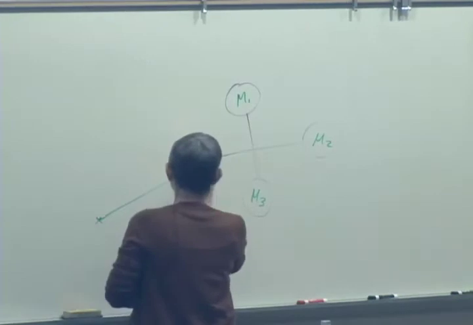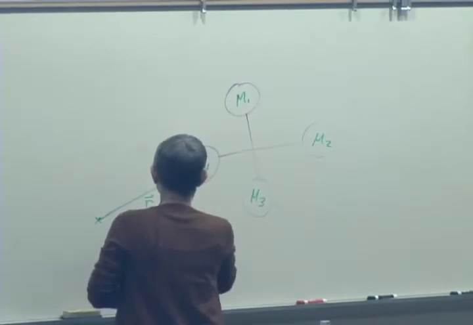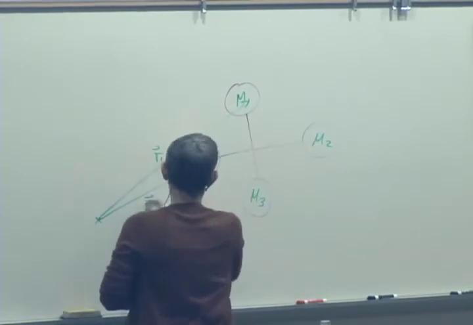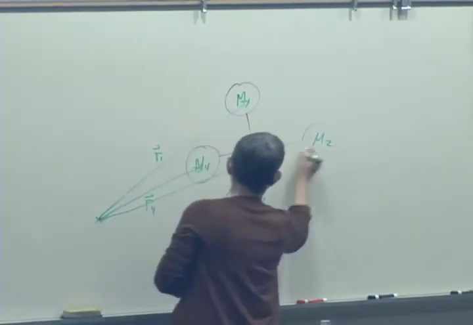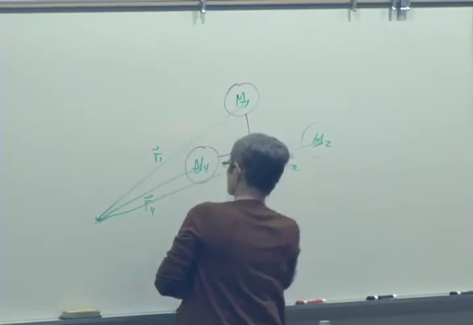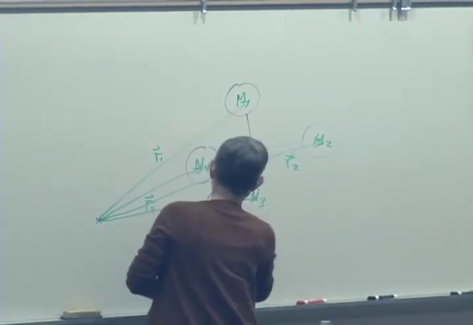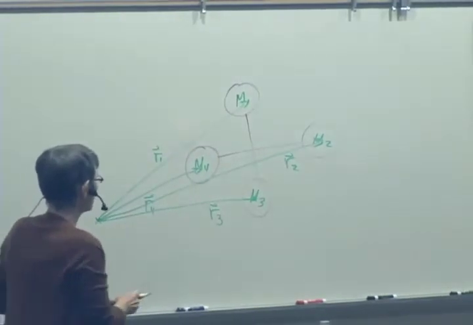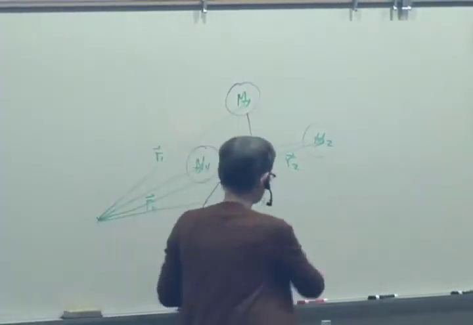So we draw R1, R2, R3, R4, and then we take a weighted average.